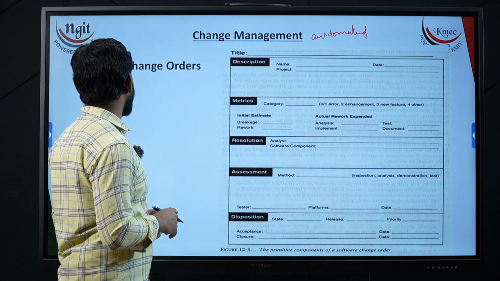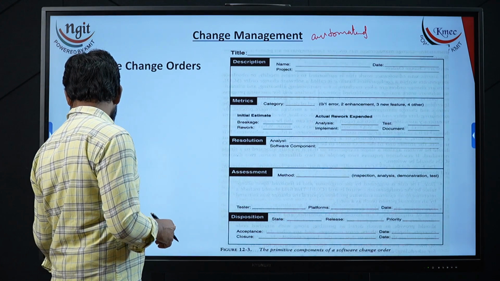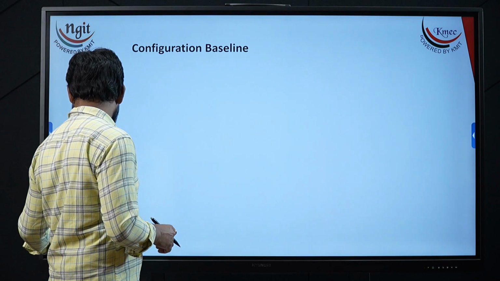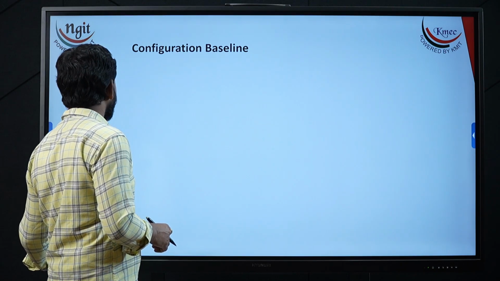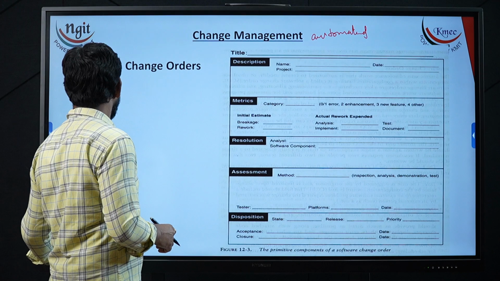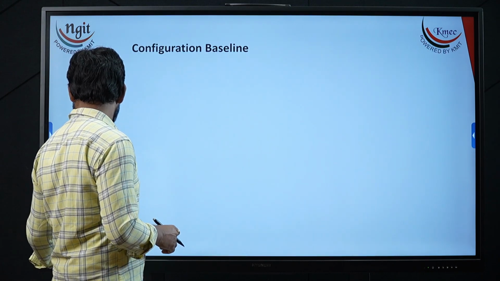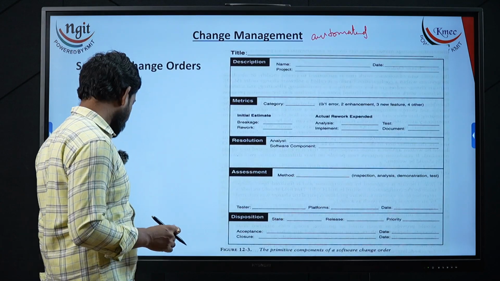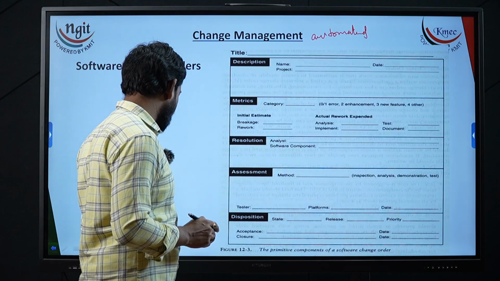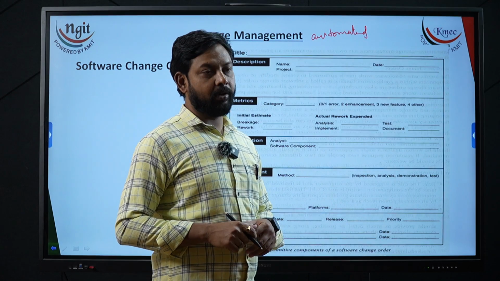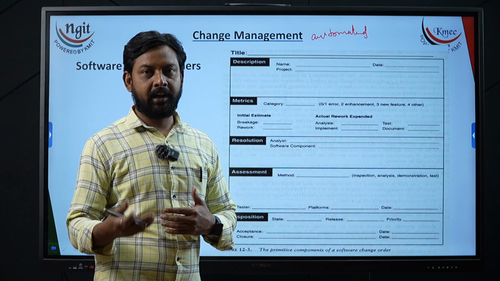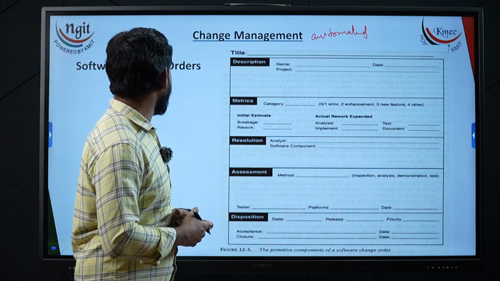So first you have your software change order. What is this software change order going to have? It is going to be the authority which helps in creating your software order, modifying it, and finalizing how your software order is supposed to look.